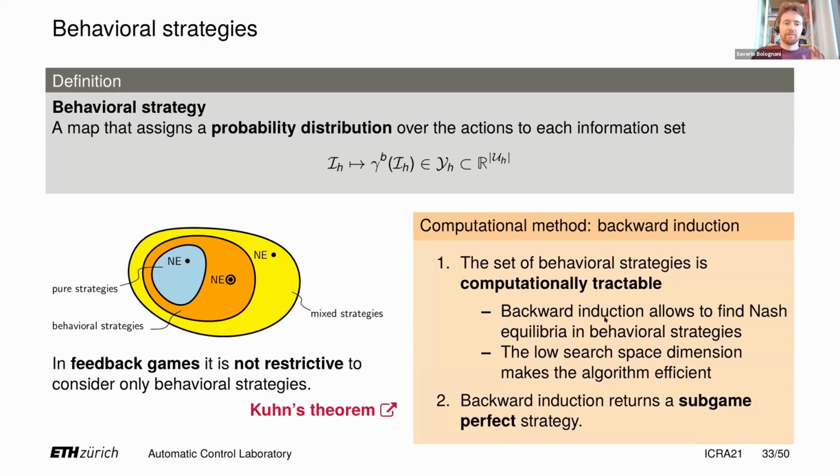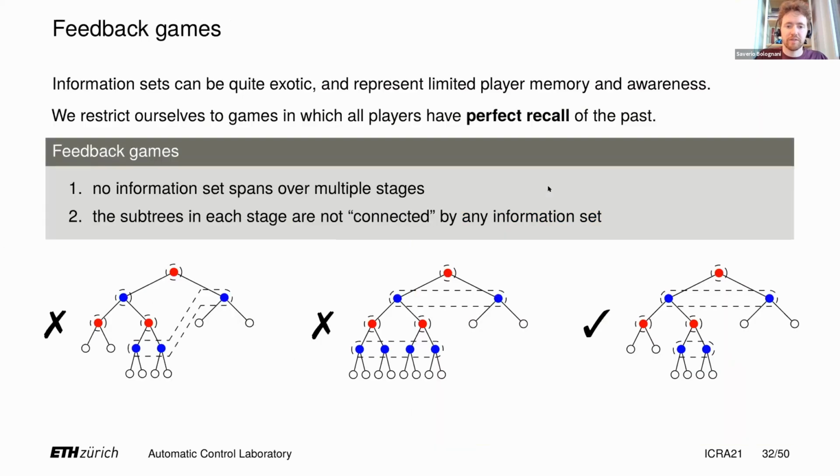Okay, feedback games are particularly nice and good for the application that we are considering because you can define what are called behavioral strategies. Behavioral strategies can be defined in general. Behavioral strategies are maps that assign a probability distribution over the actions to each information set. So notice the difference.